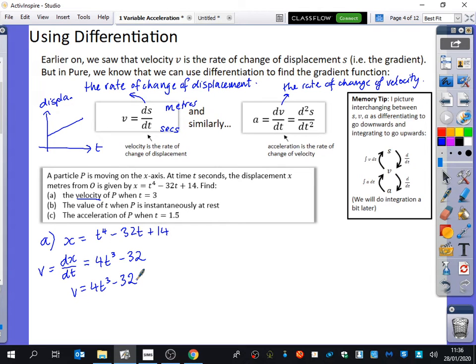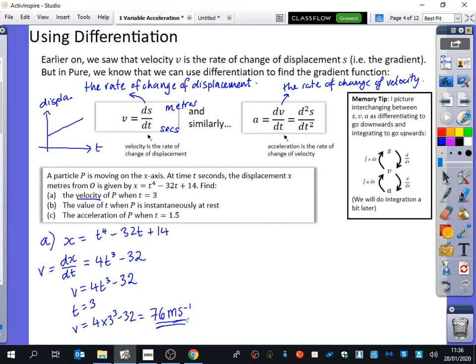But we've been told that t is equal to 3. So the velocity must be 4 times 3 cubed minus 32, which is 76. 76, and the units will be meters per second.